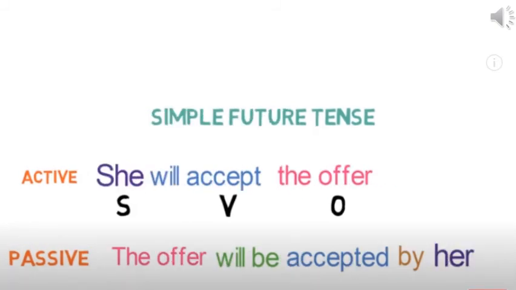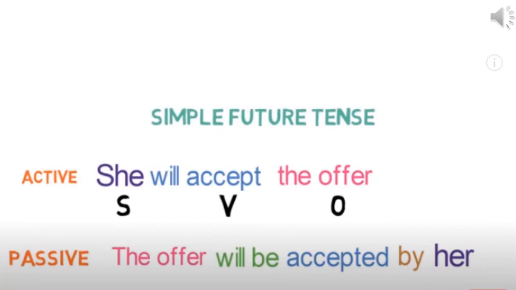Let's see the example of simple future tense. In active, she will accept the offer. To make it passive, again we will identify subject, verb and object. Here she is the subject, will accept is the verb and the offer is the object. Second step is to swap the position of subject and object.